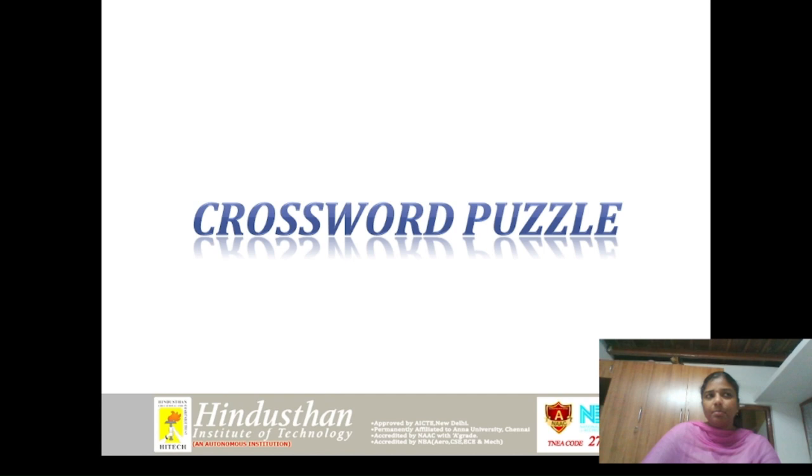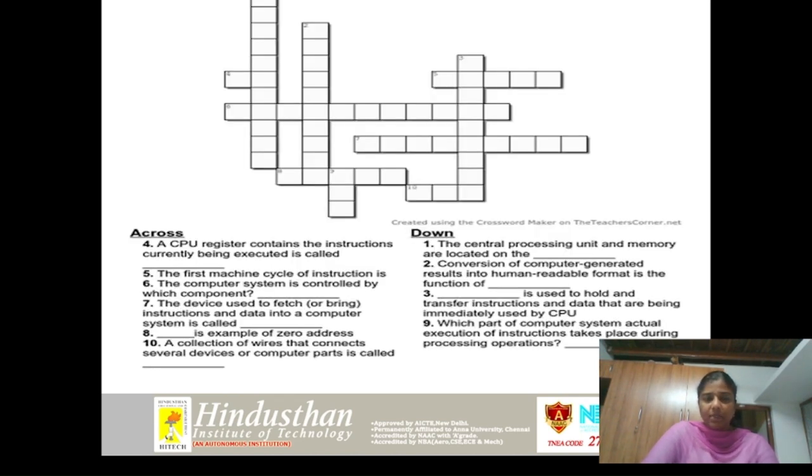We will now see a crossword puzzle related to the topics we have seen. This is a simple gaming puzzle. These are the questions given here. The first question: the central processing unit and memory are located on the dash, which is present here and comes from top to down.